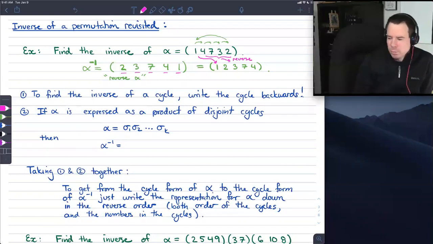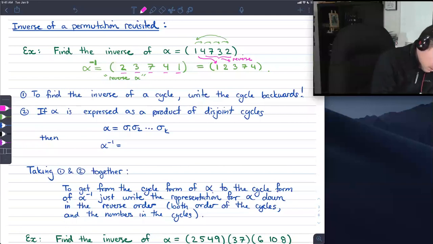Okay, so what if it is a product of cycles? What if our permutation is a product of disjoint cycles? Well, there we just use our rules for finding inverses of products, which we already discussed last day. If I have alpha as a product of permutations, sigma 1 through sigma k, then the inverse would just be sigma k inverse, sigma k minus 1 inverse, and so on down to sigma 2 inverse, sigma 1 inverse.